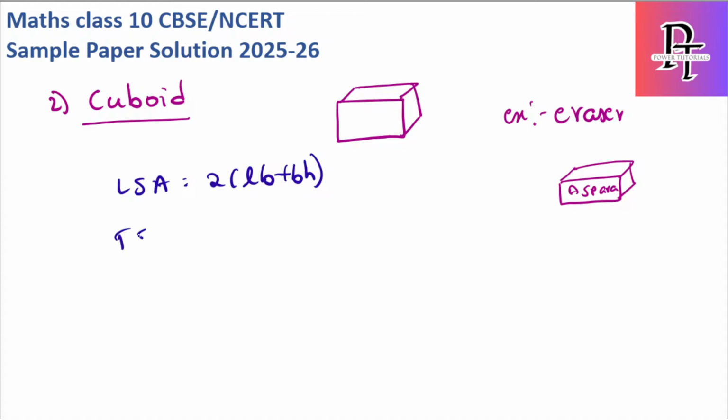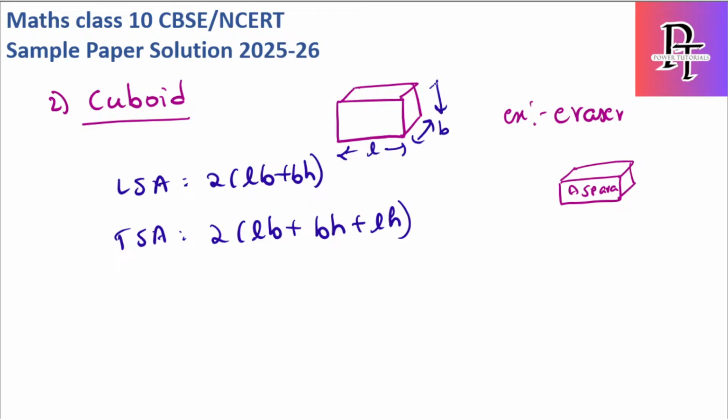Whereas TSA will be 2 into (LB plus BH plus LH). Here length is this one, this is B, and this is height. So we need to not consider the bottom as well as the top.